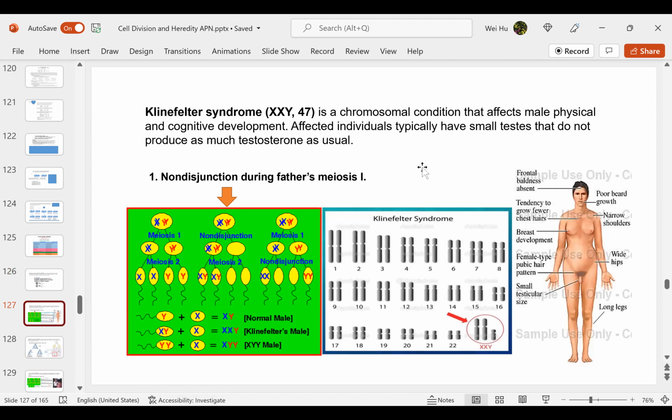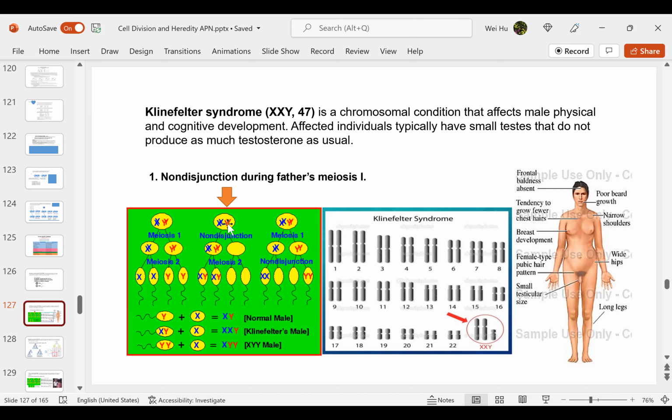Look at this one. You can see here the XXY man. Let's look at meiosis 1 non-disjunction.